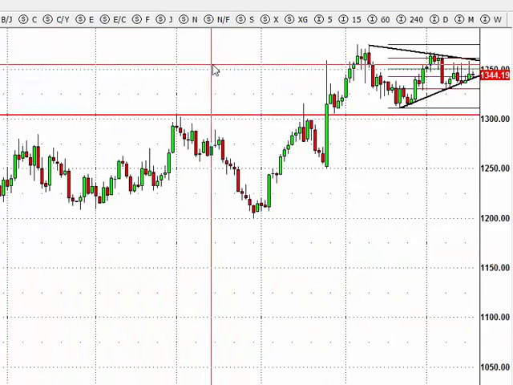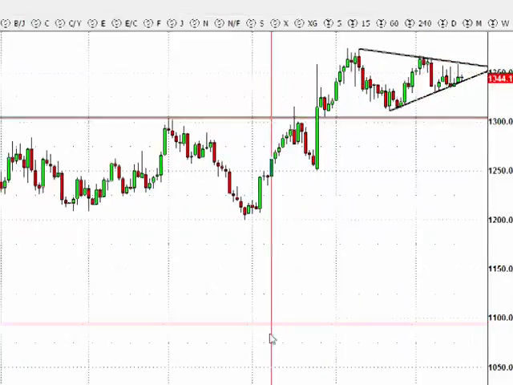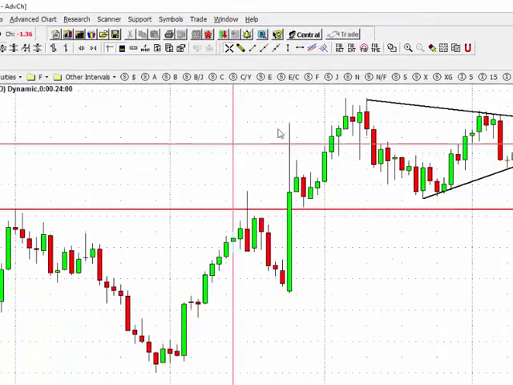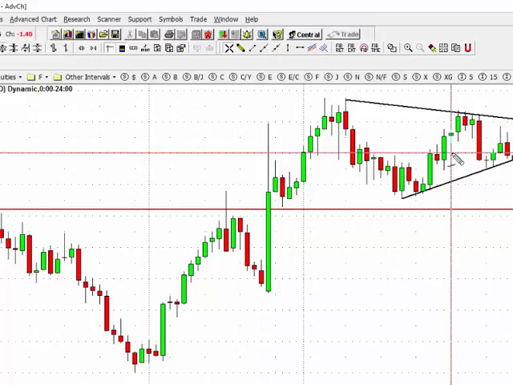Another market that's interesting is the gold market. Let me just clear this up. We're in a consolidation pattern here with gold, as you can see. And this triangle will resolve itself either to the downside, or the market may break out to newer highs, and that's something we just have to wait and see.